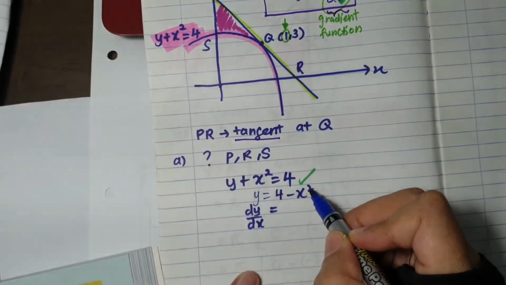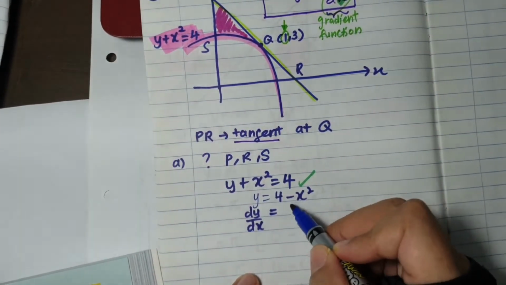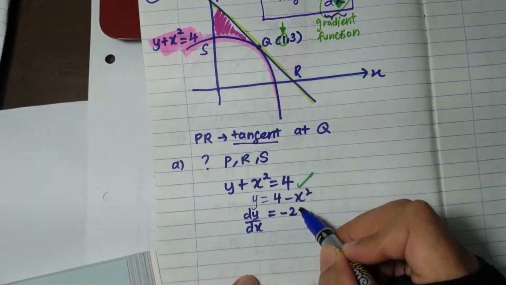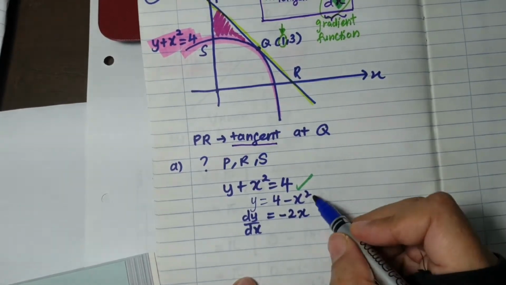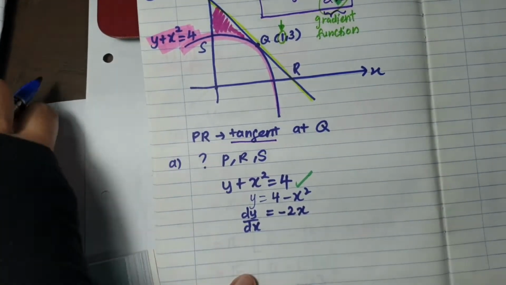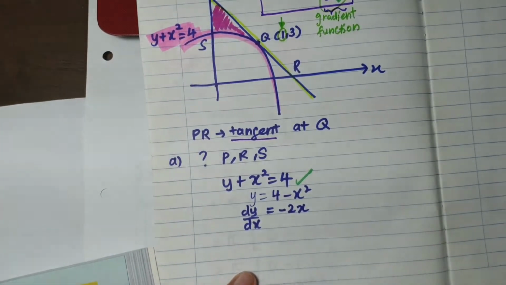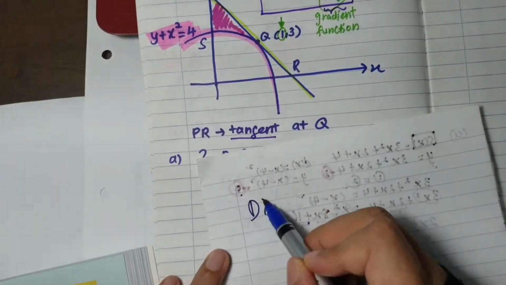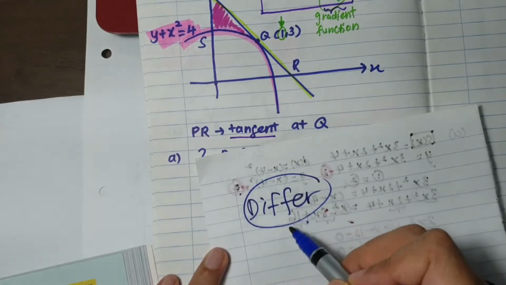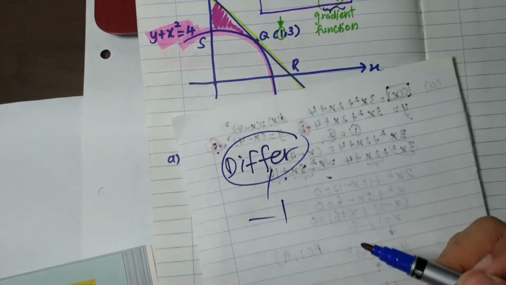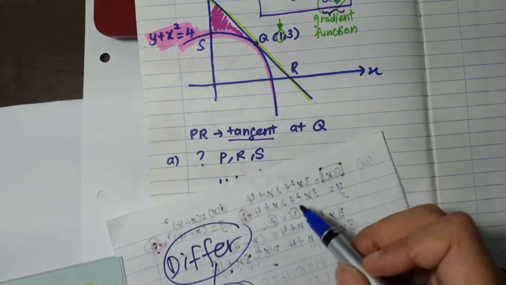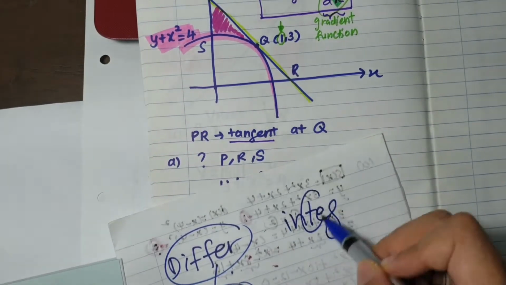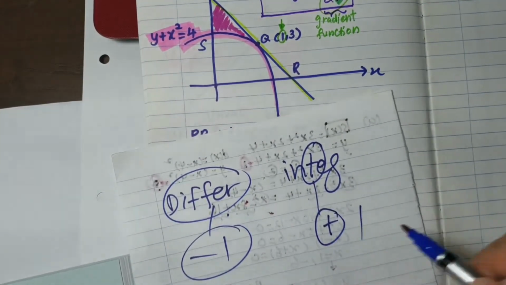For this one, multiply the index to the front, 2 times -1 gives -2. Copy the variable you have here, x. In differentiation, from the word differ, always minus 1 from the index. For integration, think of t for plus, so plus 1.